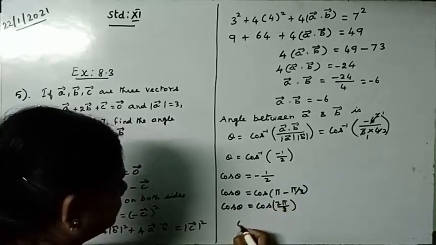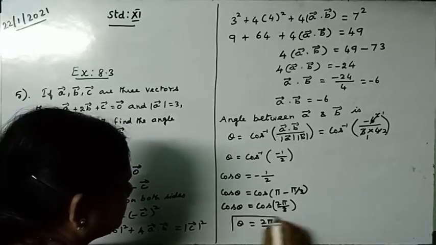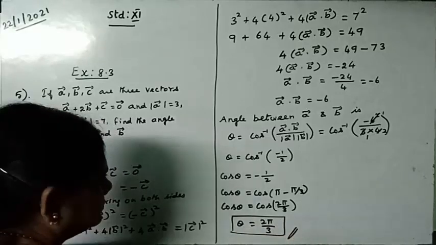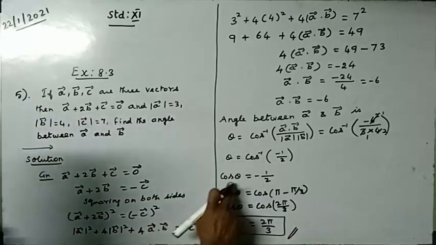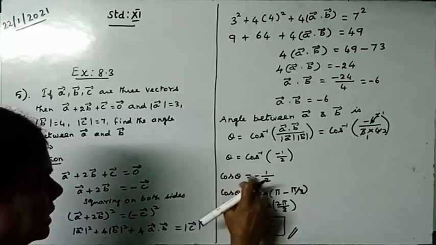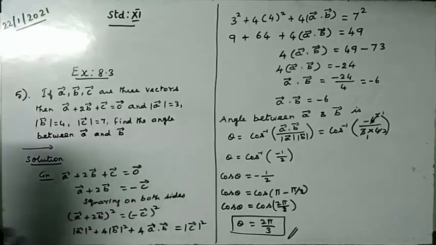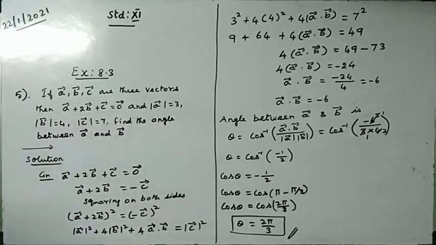If you solve this, therefore, theta is equal to 2 pi by 3 is the answer. Cos theta is equal to 1 by 2 means it is pi by 3. Cos theta equal to minus 1 by 2 means theta is equal to 2 pi by 3. So straight away you can write the answer.